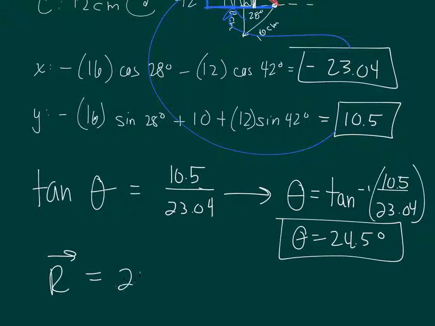And then the angle. What direction is up and left? Northwest. So the resultant equals 25.3 centimeters at an angle of 24.5 degrees northwest.